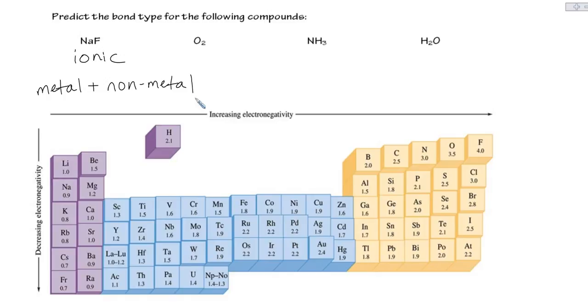Once I get over to the nonmetals, like the nitrogen, oxygen, fluorine, halogen families, the outermost shell has 5, 6, 7 valence electrons. Those are the elements that are going to gain the electrons. The first couple groups, and even throughout the transition metals, may only have 1, 2, 3 valence electrons. They're more willing to lose those electrons. So easy: ionic, metal, nonmetal. Second one, piece of cake, right?